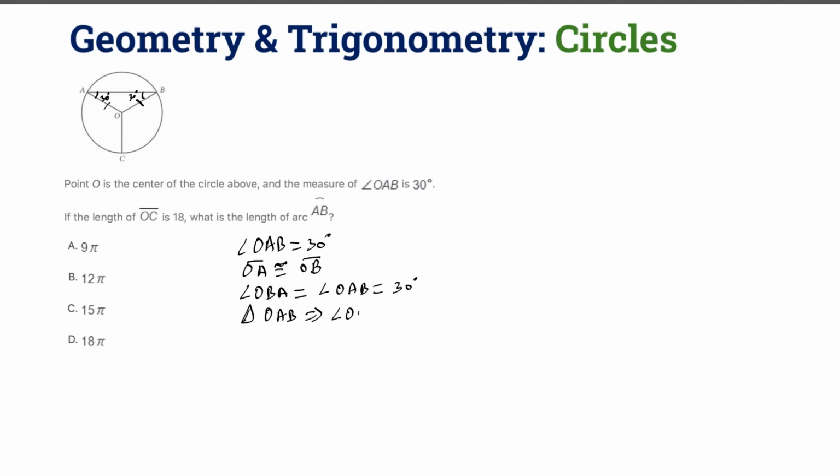So we have OAB plus OBA plus AOB is going to be equal to 180 degrees, since these are the three angles making up a triangle. So angle AOB is going to be equal to 180 minus 30, which is going to be equal to 120 degrees. Okay.